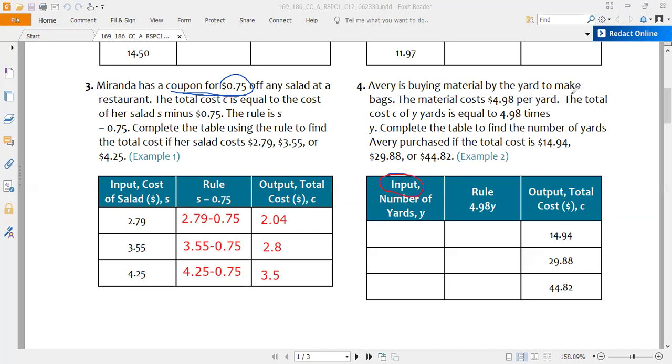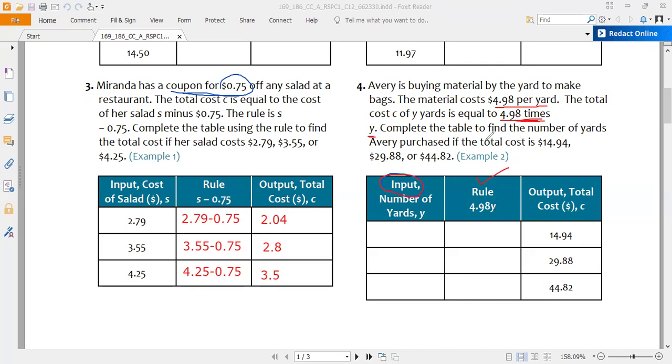Average buying material by the yard to make the bags. The material costs 4.98 per yard. So first is given the total cost of Y yards is equal to 4.98 times Y. So how will you know what the rule will be? It's mentioned here, 4.98 times Y. So that's why he writes here the rule 4.98Y.